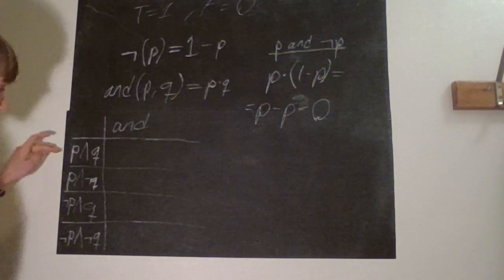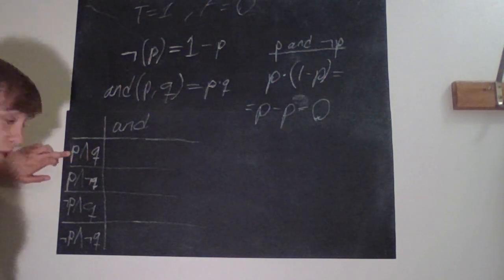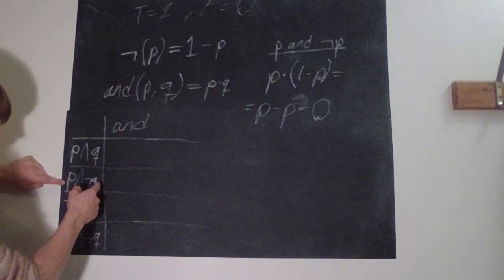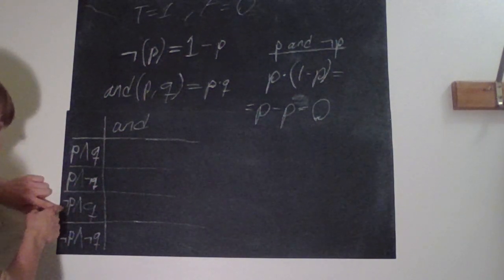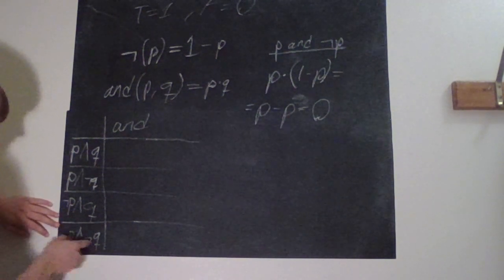What it says here is that P and Q are both true; P is true and Q is false; P is false and Q is true; and both are false.